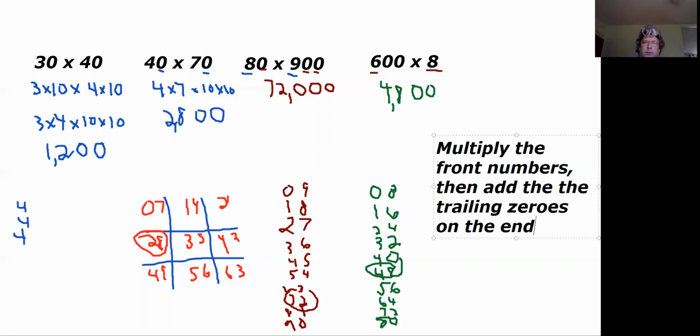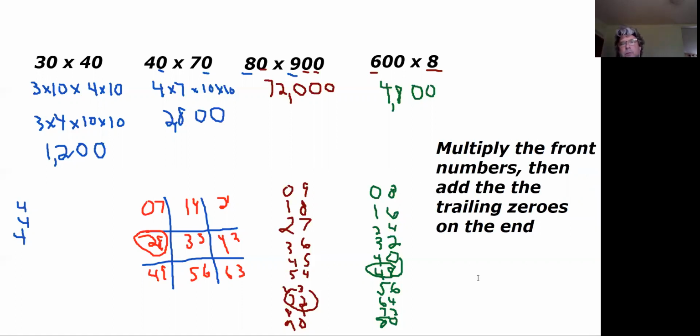That's what it pretty much boils down to. So multiply the front numbers and then add the trailing zeros on the end. Slowly you can do this mentally. If you know that 3 times 4 is 12, then you just stick down the 2 zeros and you end up with 1,200.